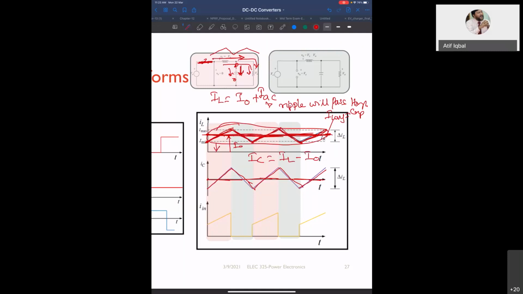The load current is nothing but this offset value. So when you subtract the offset value, the ripple will now be symmetric along the zero axis. So this is the capacitor current. Do you understand this part or not?